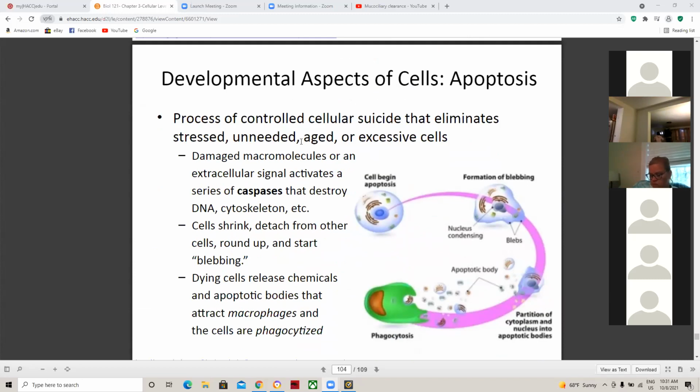Apoptosis. This is cellular death, a process of controlled cellular suicide that eliminates stressed, unneeded, aged, or excessive cells. Damaged macromolecules or a chemical signal will activate a series of caspases that will destroy the DNA, the cytoskeleton, etc. The cells will shrink, detach from one another, round up, and start blebbing, meaning they start bubbling up and breaking down.